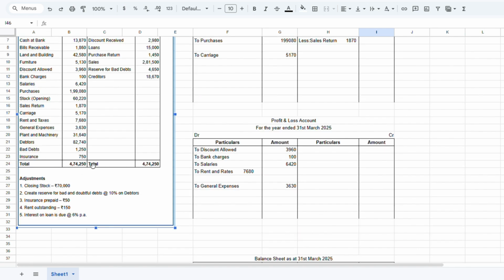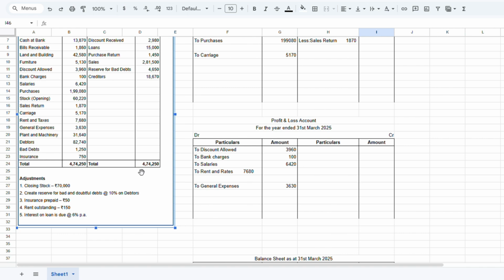Next, we have bad debts. Bad debts are those debts that we cannot recover. For example, we have sold the goods, and if the customer has to pay us, they are called debtors. And if the customer is unable to pay, that is, if they went insolvent or some other case, then it becomes bad debts.